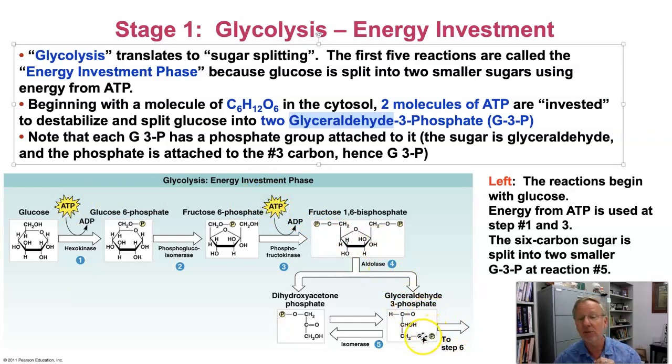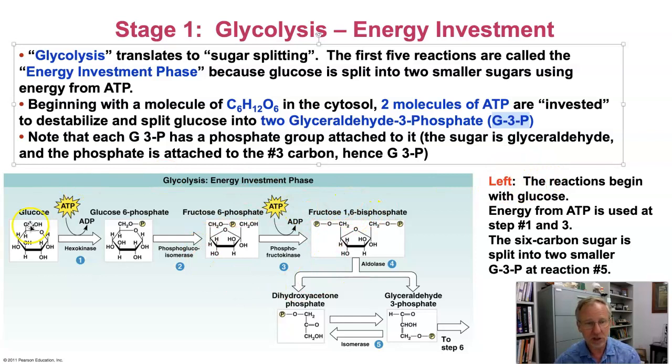And because the phosphates are attached to the number 3 carbon in the glyceraldehyde, chemists call it glyceraldehyde 3-phosphate. It's the origin of the name. And many of us, including myself, refer to it as G3P for short, glyceraldehyde 3-phosphate. So that's the end of the energy investment phase.